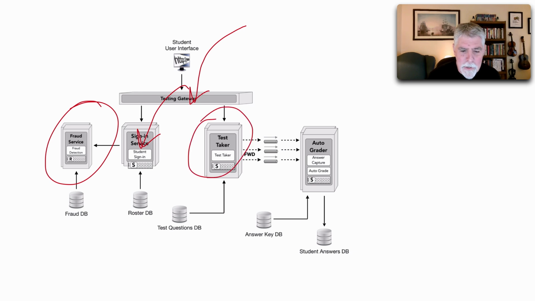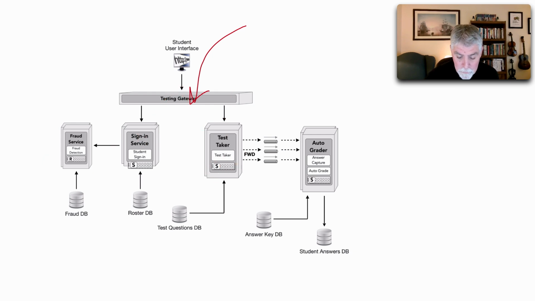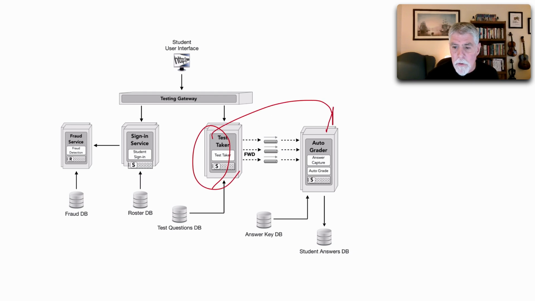This test taker here retrieves questions from the database, caches them, and then receives an answer and serves the next question up. And then finally, and let me erase some of this so you can actually see, the test taker then sends that answer to an auto-grader, where it's auto-graded via queues right here and then stored.